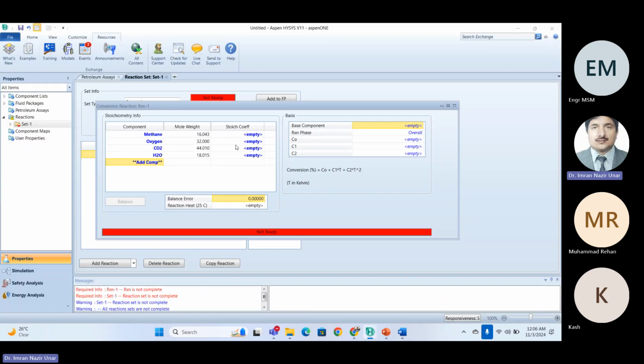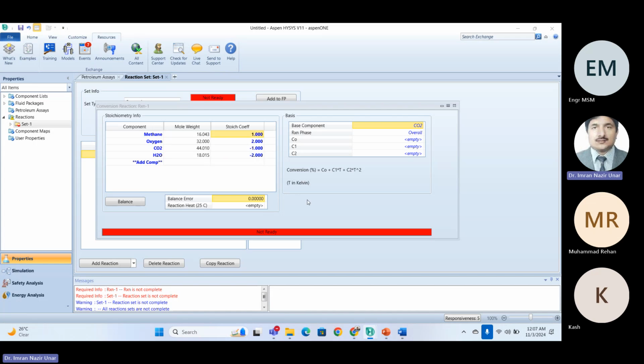But here, reactants are always in negative numbers and products always in positive numbers. So 1 for methane, 2 for oxygen, now -1 for CO2 and -2 for water.